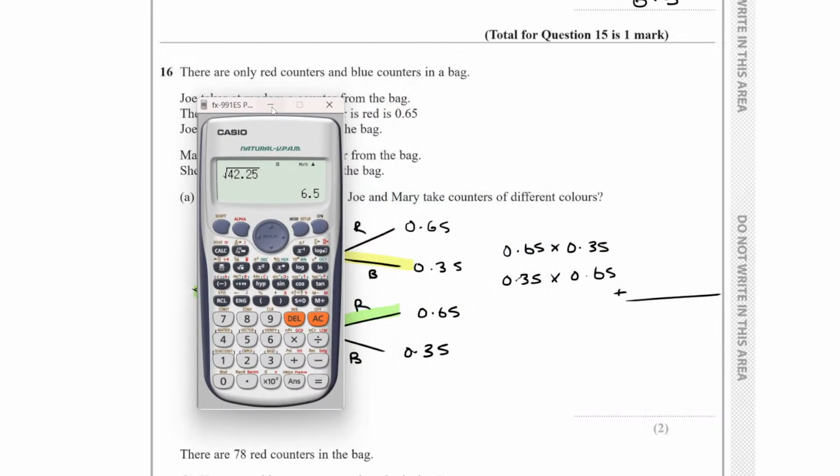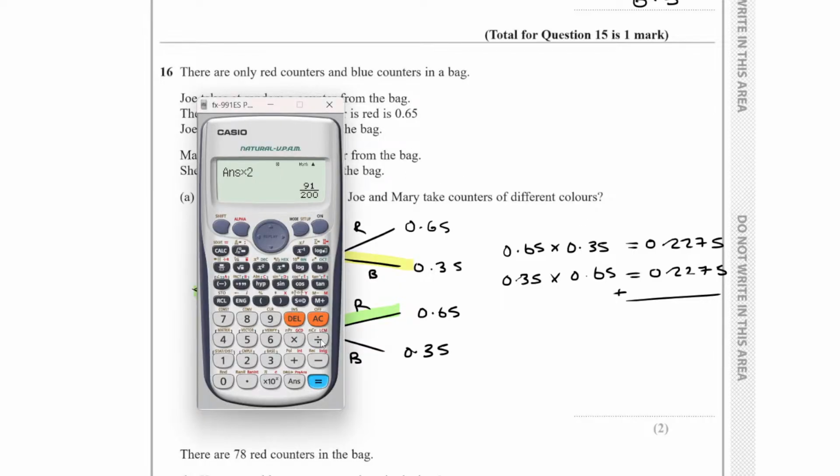Obviously, it's the same answer technically: 0.2275. And then this one will also be the same, it's just the other way around. So add those together, or obviously you could just double this one. 0.455.